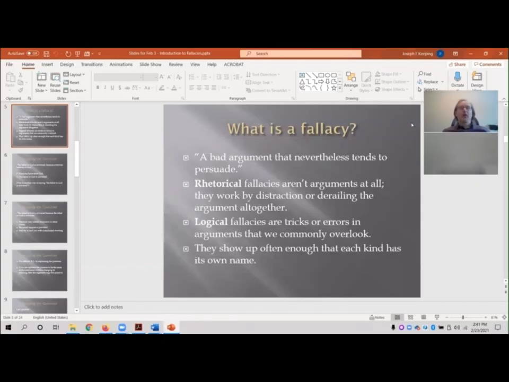Or to put that another way, you could say it's a bad argument that looks like a good argument. The other thing about fallacies is that they're problems in arguments which are common and fall into certain patterns. These patterns have been identified by philosophers and other arguers over the years, mostly philosophers, and they've been given names and criteria.